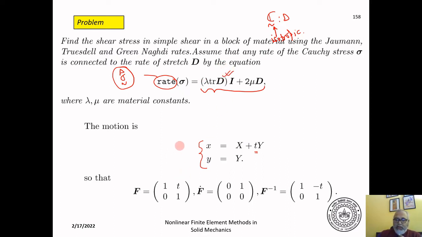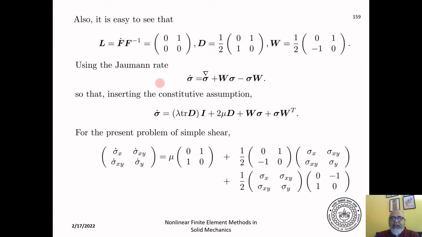This is the motion. F is simple. F dot: there's t only here, so everything goes to 0, this goes to 1. F inverse is also simple to calculate. This is your F inverse. Now once you have this, you calculate L, F dot F inverse, and from L you get D and you get W.